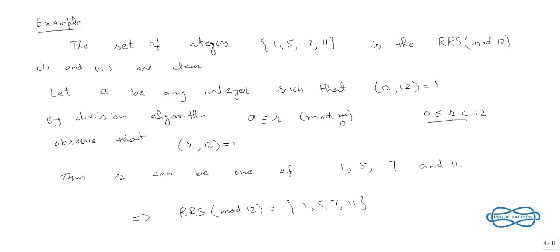Alright, we move further. Now there is another very important definition which is called Euler's phi function. We will study this Euler phi function in detail in the coming videos.